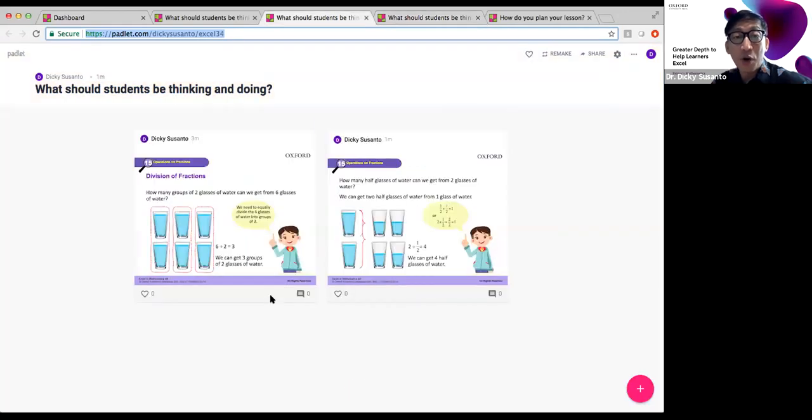For third and fourth grade, I picked this from the fourth grade, when they are looking at division of fractions. There are two slides. First they are looking at division of whole numbers, and then division by a fraction. What is the thinking that should be involved when they're trying to understand how you divide by a fraction?